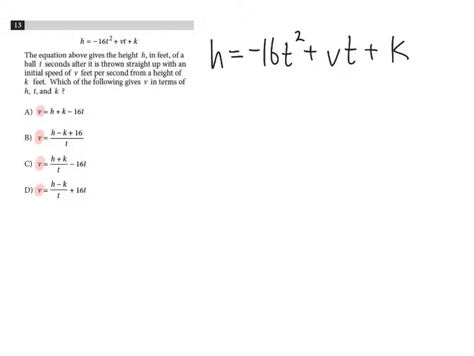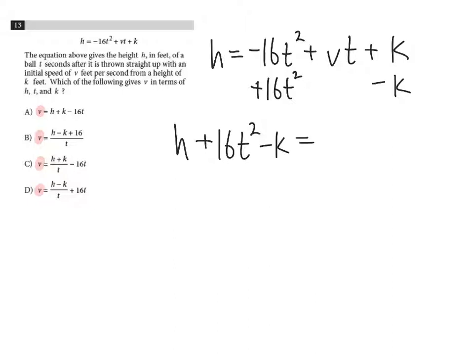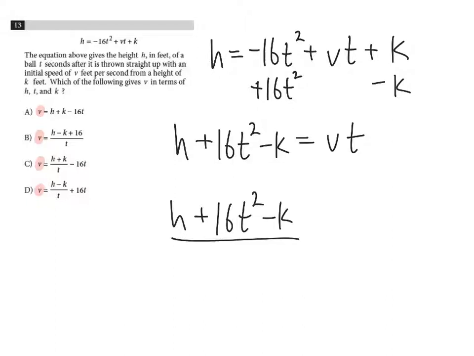Okay, so I'm going to add 16t squared to both sides and subtract k. So I'm going to get h plus 16t squared minus k equals vt. Okay, I'm going to divide both sides by t, get h plus 16t squared minus k over t equals v.